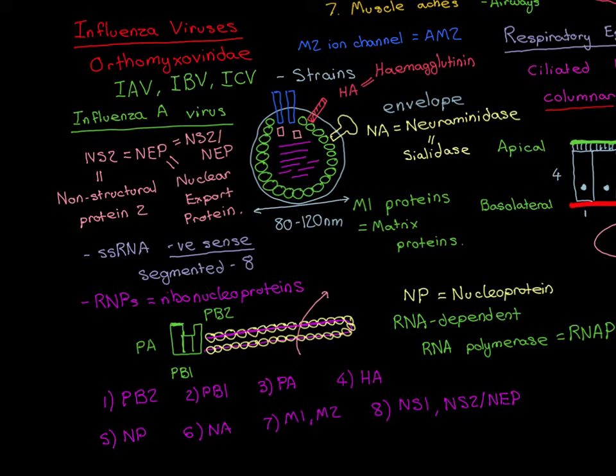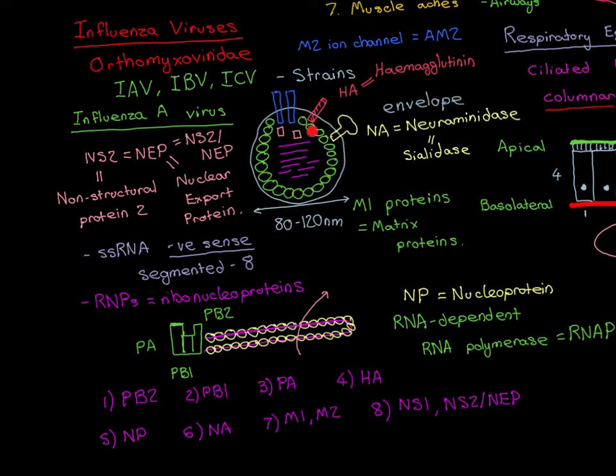Each of these ribonuclear proteins, as well as containing the single-stranded negative sense RNA molecule, also contains a huge number of the nuclear protein, which makes up the capsid of each of the viral genome RNA molecules. And then associated with it, you've also got one of these RNA-dependent RNA polymerase enzymes, which is made up of 3 separate proteins: the PA protein, the PB1 protein, and the PB2 protein.